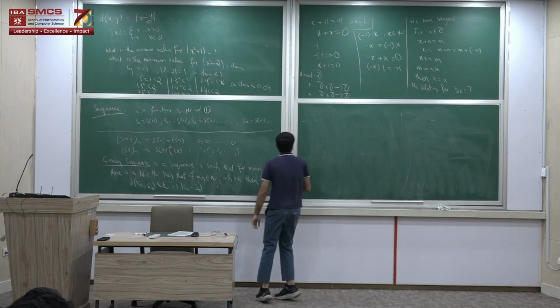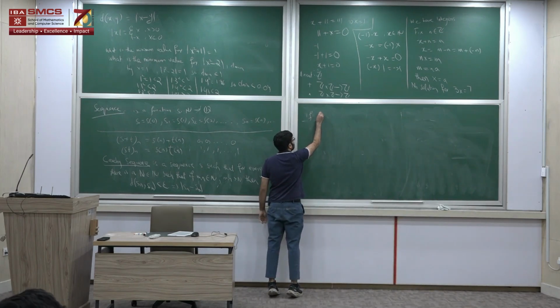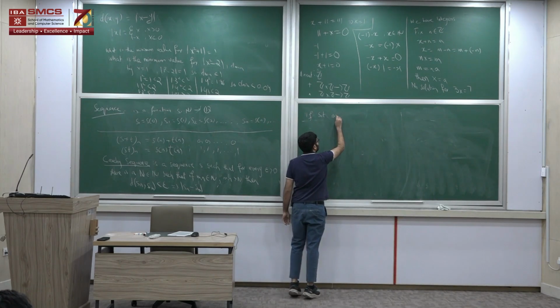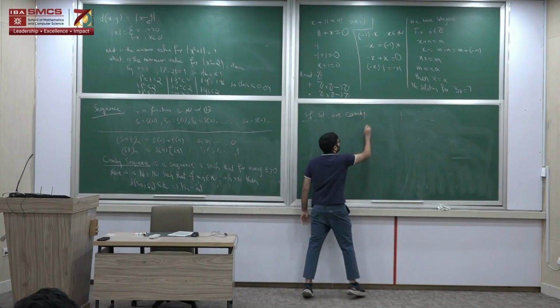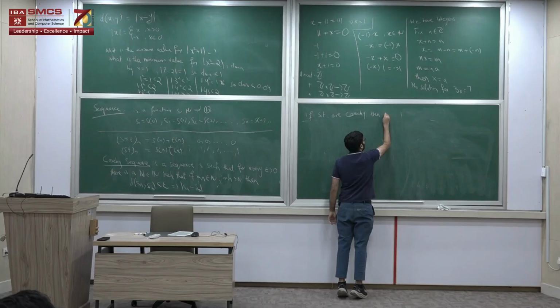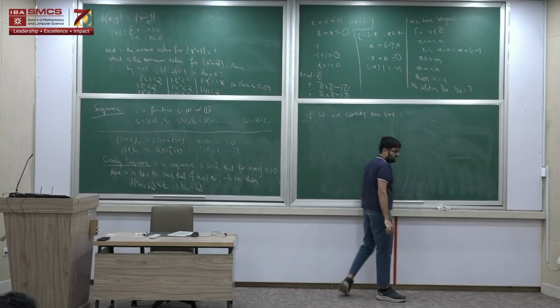So, if S and T are Cauchy, then S plus T is also Cauchy.